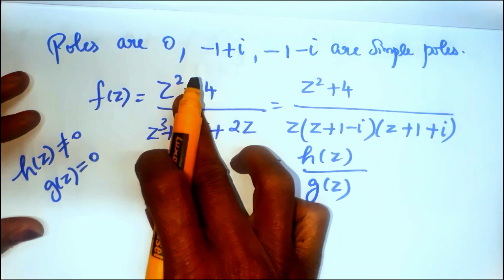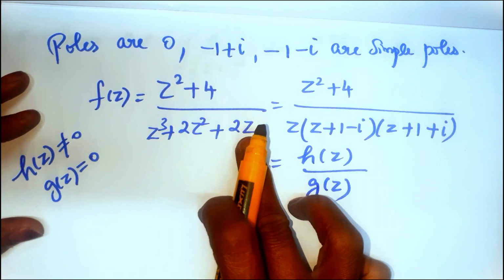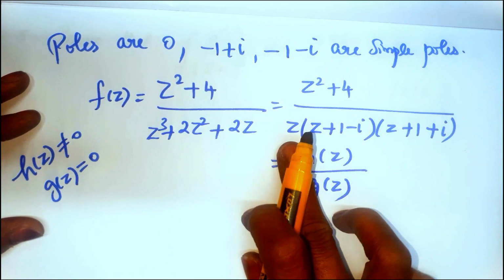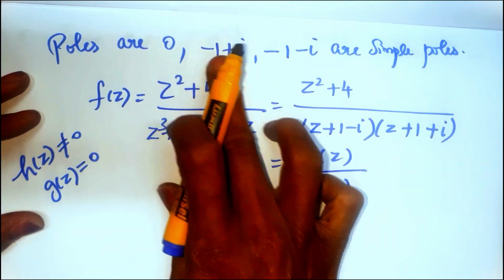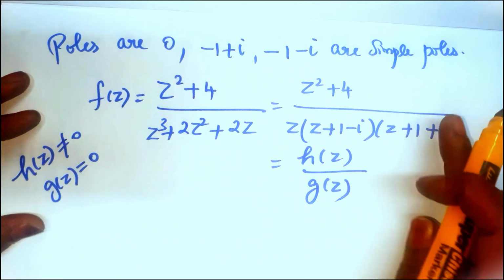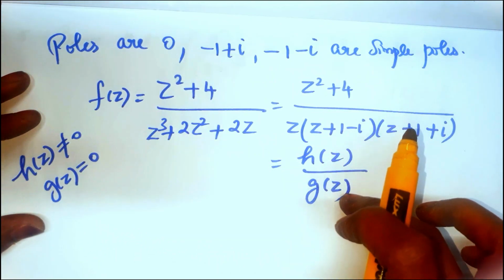f of z is equal to the given f of z, this thing. I have rewritten that, I have split that as 3 factors. The one factor is z, that is for pole 0, and this is for this pole, and this factor for the third pole. So I have rewritten. This is of the format h of z by g of z.